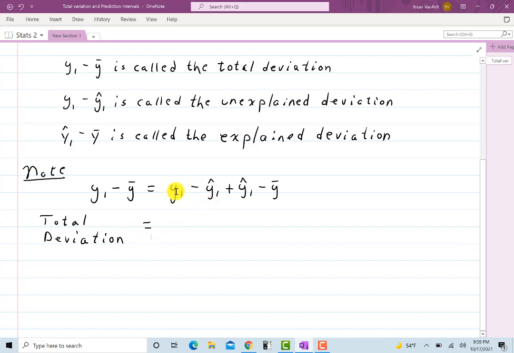In this piece here, y1 minus y1 hat was the unexplained deviation. And then y1 hat minus y bar is the explained deviation.